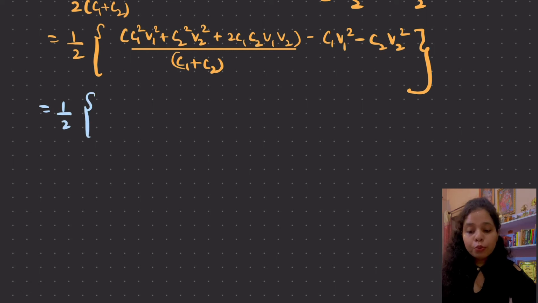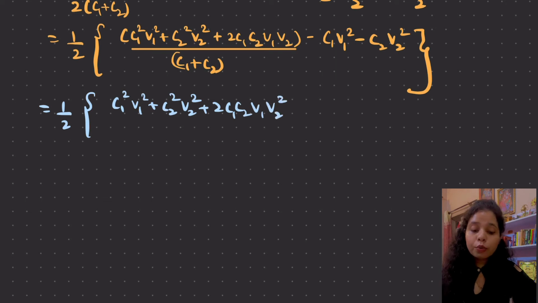So 1 by 2 common, and now we have C1 square V1 square plus C2 square V2 square plus 2 C1 C2 V1 V2, and now we are going to take the LCM. So we have C1 V1 square multiplied by C1 plus C2 minus C2 V2 square multiplied by C1 plus C2.